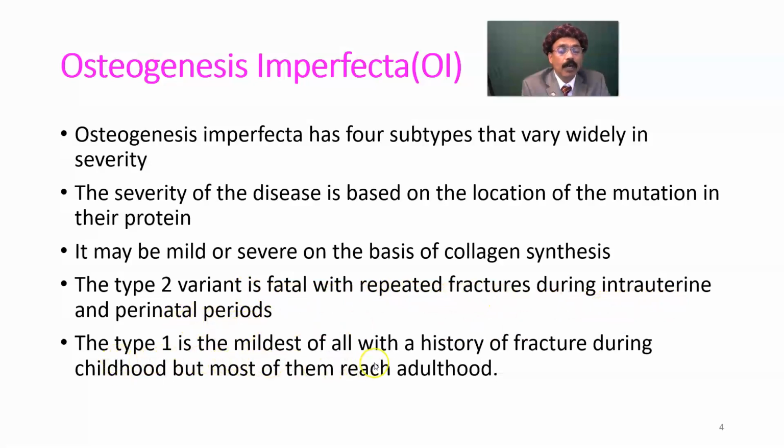Type 1 is the mildest of all, with a history of fractures during childhood, but from adolescence onward there are usually no fractures, and most of them reach adulthood.